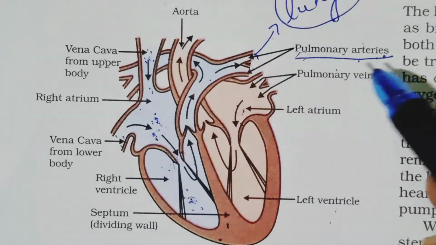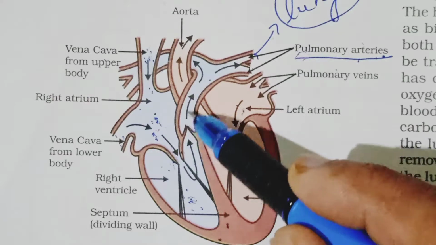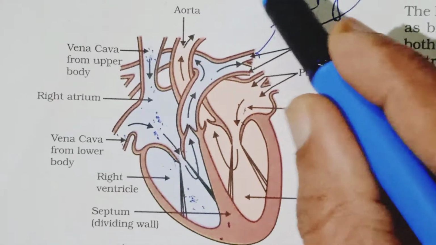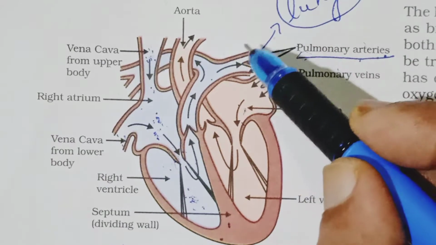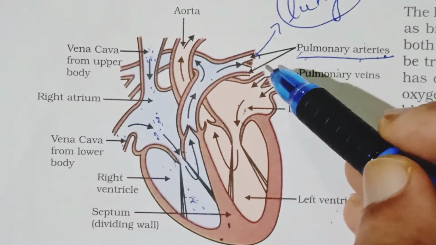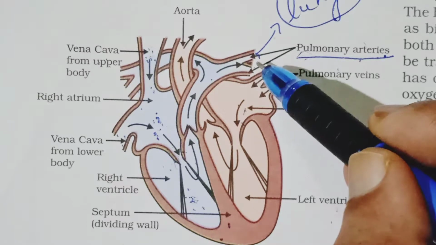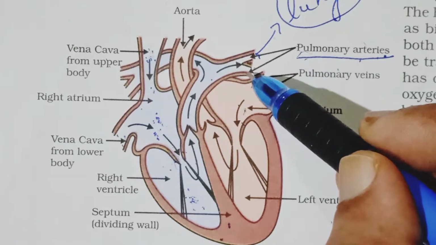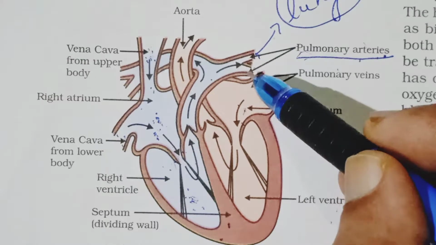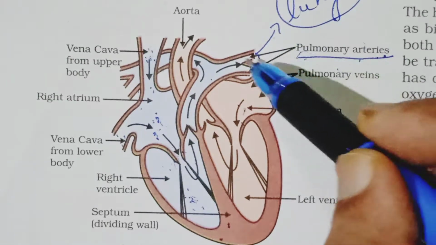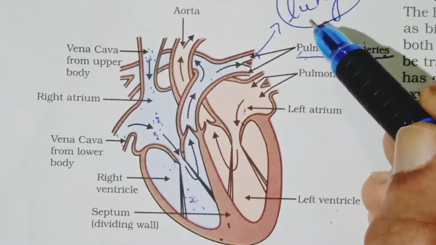Now in the lungs, when you're breathing, you breathe in oxygen and then you breathe out carbon dioxide. So this blood gets mixed with the oxygen that is taken in and gets converted into oxygenated blood.